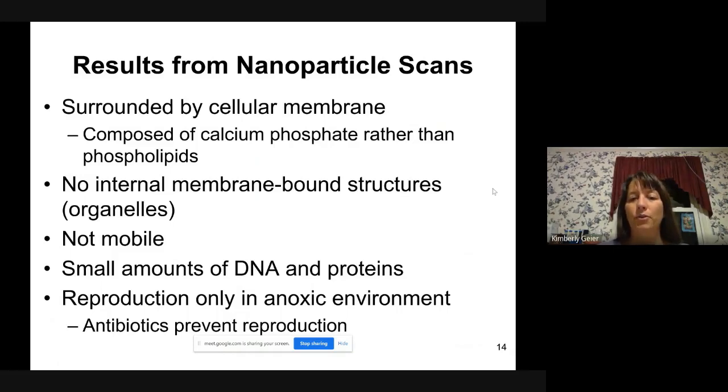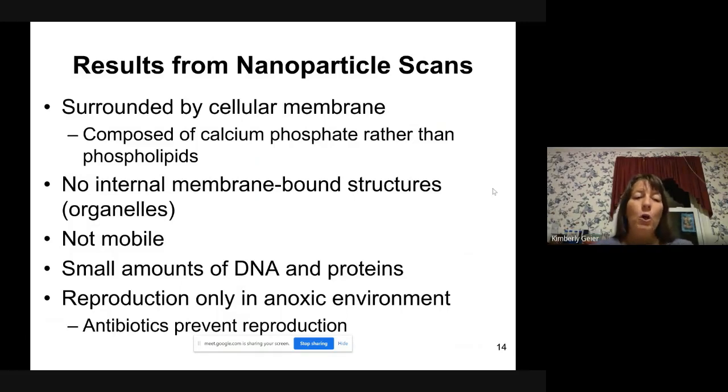It's made of something else called calcium phosphate, but it definitely looks similar to a cell membrane. But there are no internal membrane-bound structures, like there's not a mitochondria or a nucleus. But not every Earth cell has all of those organelles either. Bacteria do not have those membrane-bound structures.